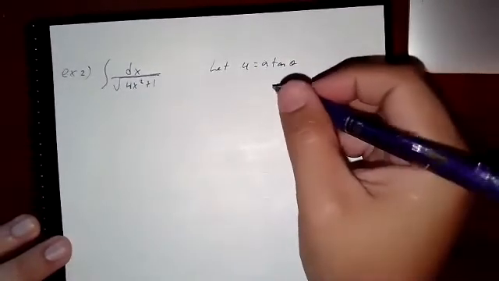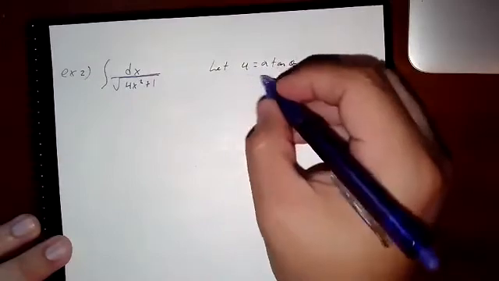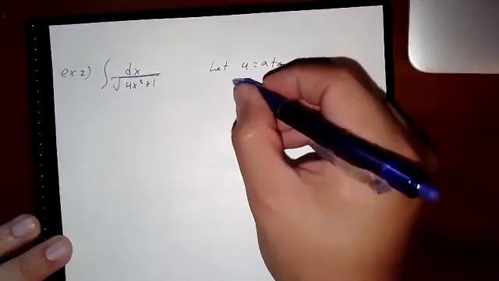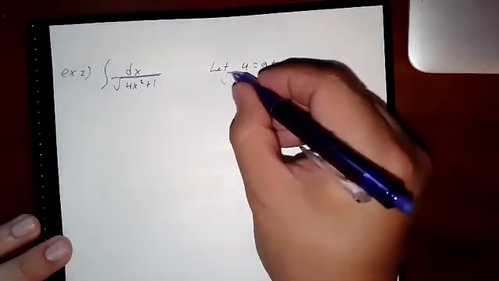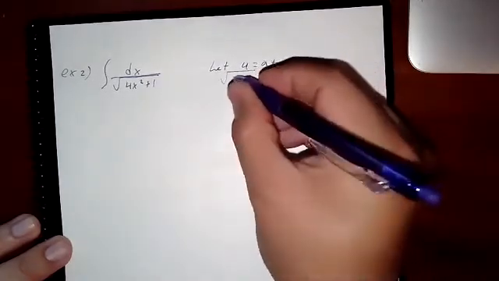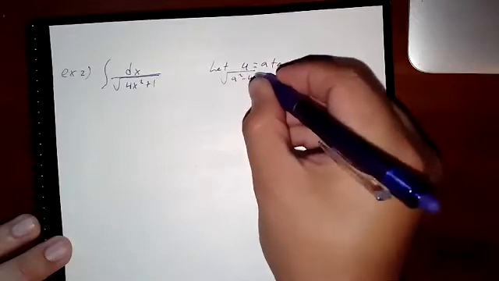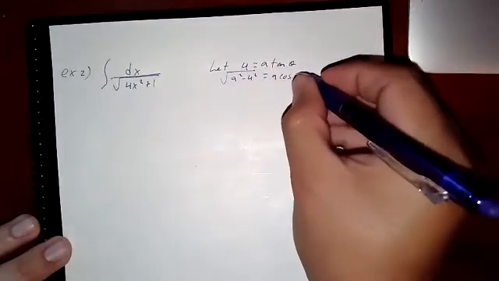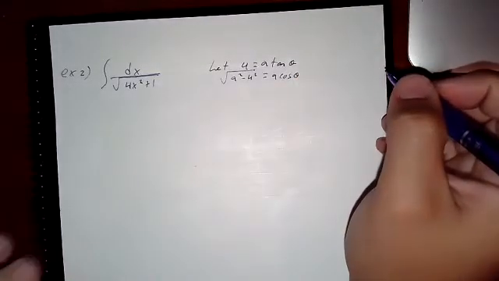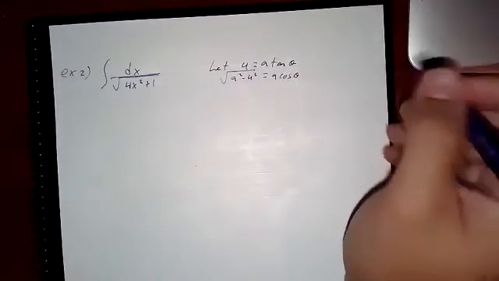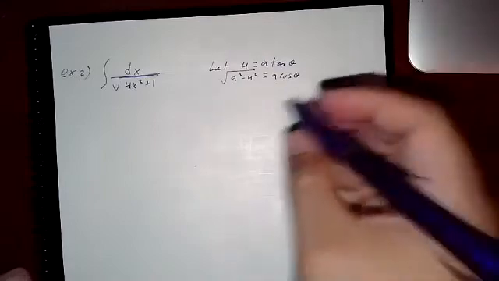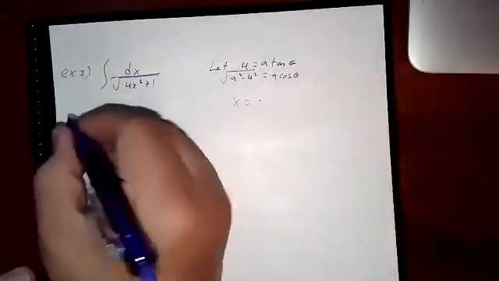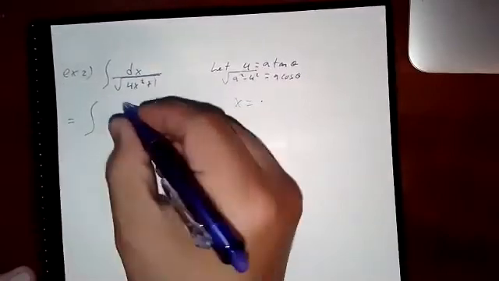And they also give you this information saying the square root of a squared minus u squared is equal to a cosine theta. So we don't have u, so we're going to change it all to x. So first let's rewrite this so we can know what a is.